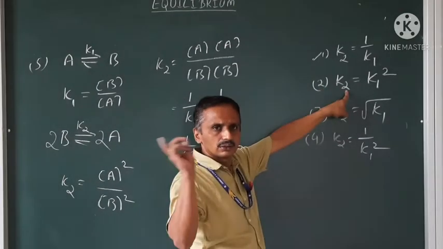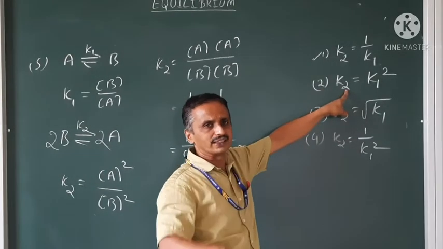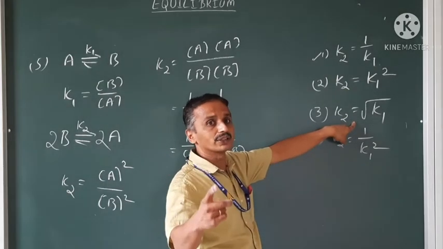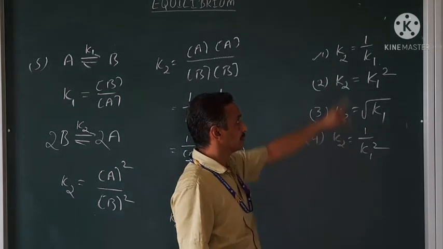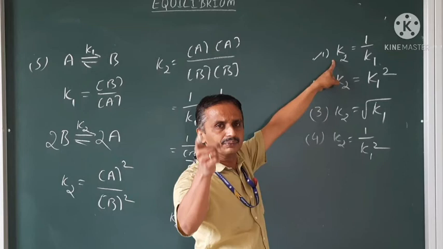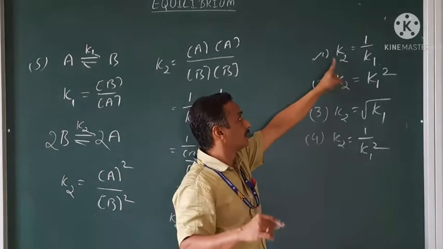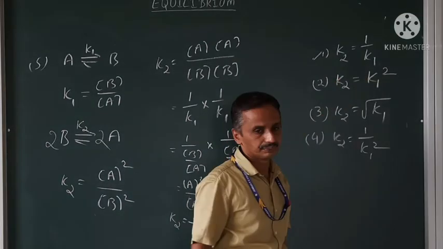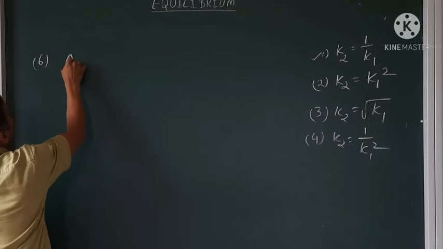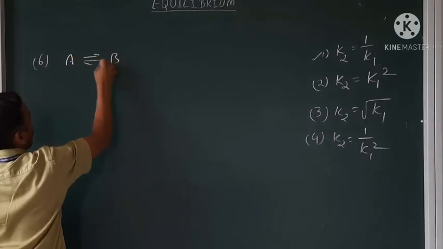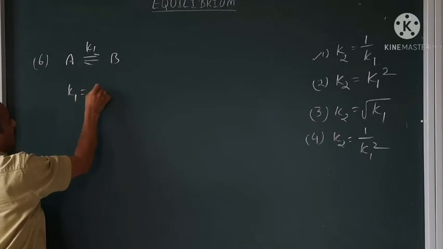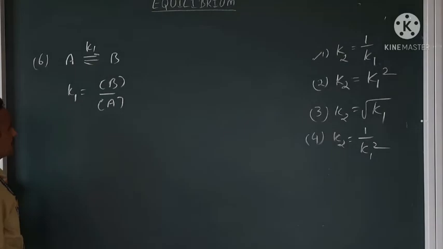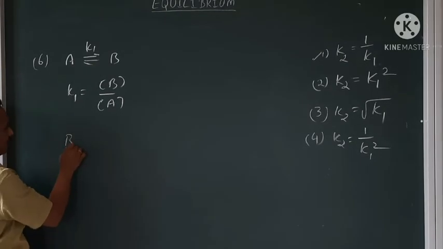This is only the concentration doubled, no reversing. This is no reversing, only concentration is made half. This one, no reversing, nothing. This one, no change in the concentration, only reversing. A giving the B. This is K1. K1 is equal to B over A concentration. Now, what I do is I will reverse it.